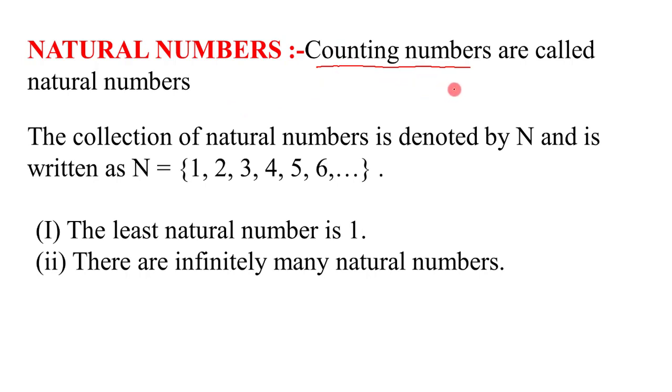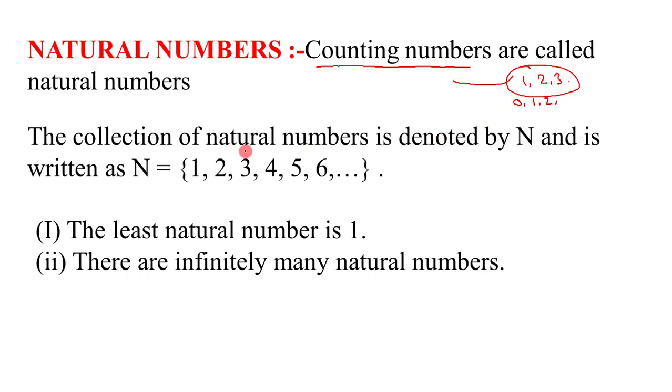If I ask you to count the number of students in our class, we start counting by using 1, 2, 3, and so on. But you won't use 0, 1, 2 to count. The numbers which we use to count are natural numbers. That's why we say natural numbers are counting numbers.